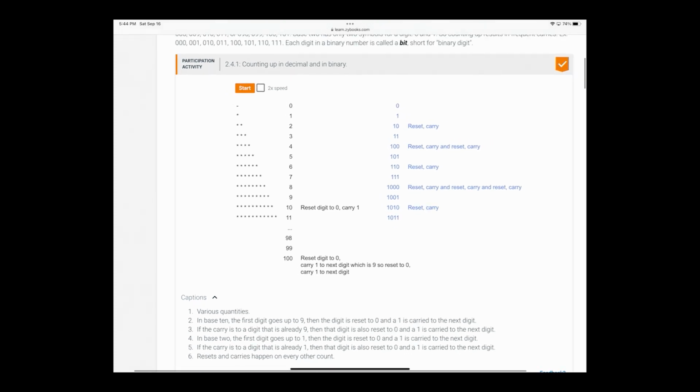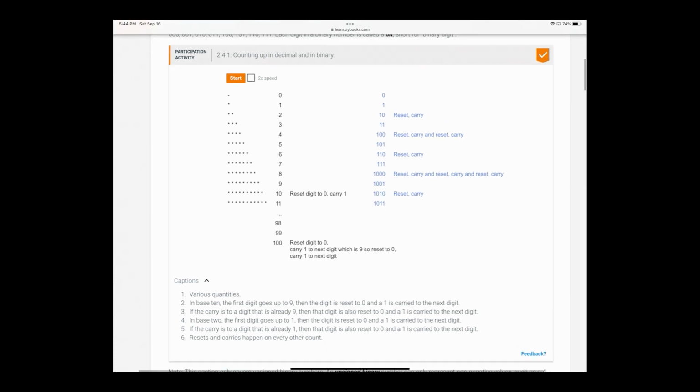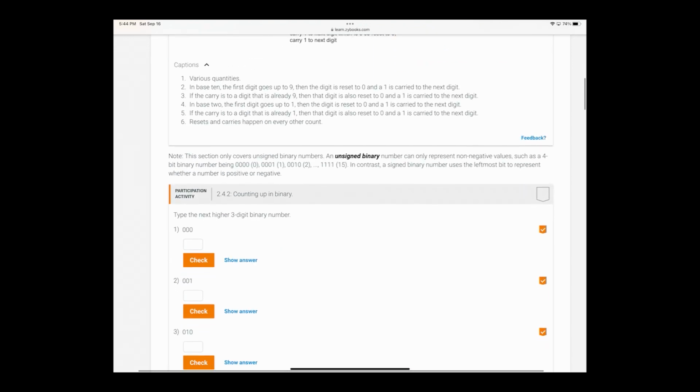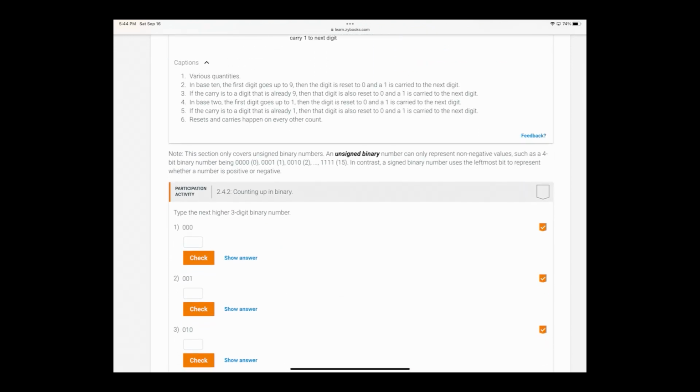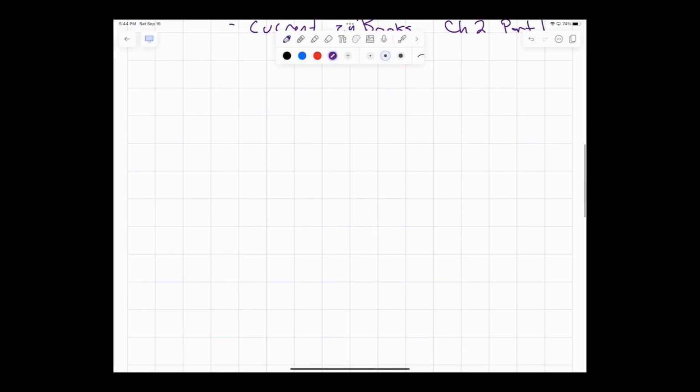All right, good. So anyway, we have done this stuff already, and we've learned about binary numbers. And I think where we left off was we wanted to talk about adding binary numbers in a little bit more detail. So let's flip over to the note page here and let's look at it.